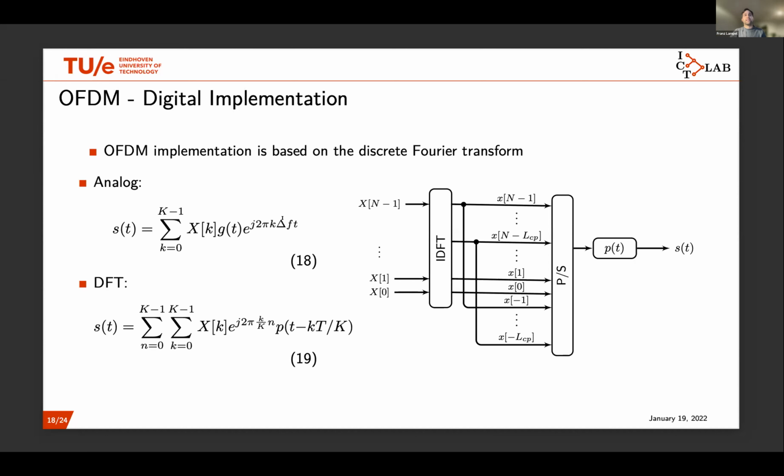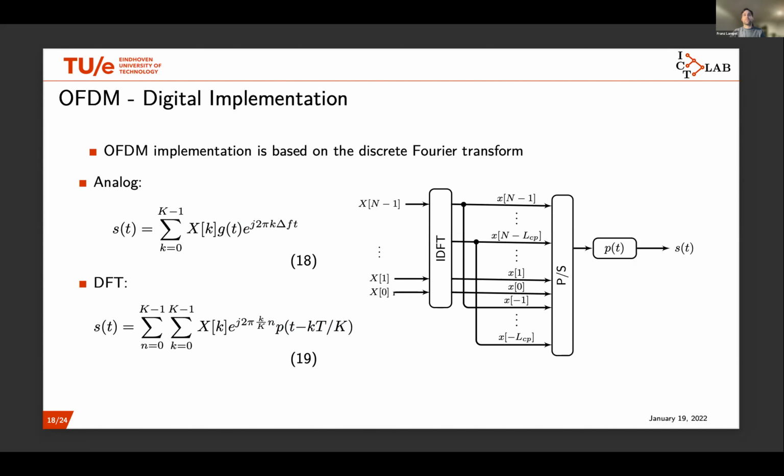But in reality, that's not how OFDM is done. The great success of OFDM is due to its digital implementation and fast Fourier algorithms. We replace this pulse g(t) by shorter pulses. The implementation looks like this.